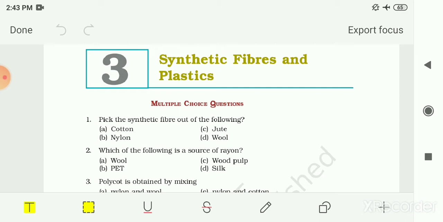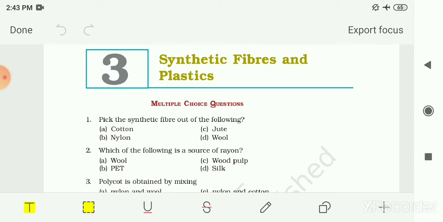We need to use synthetic fibers and plastics in such a manner that we can enjoy their good qualities and at the same time minimize the environmental hazards or harm for living communities. So this thing we had seen in the chapter.